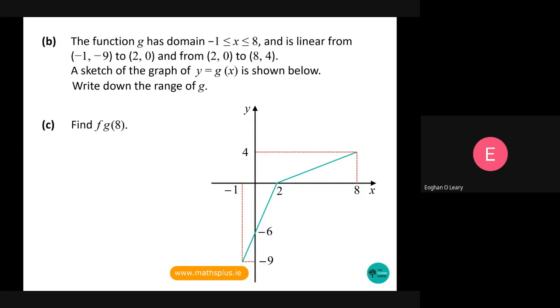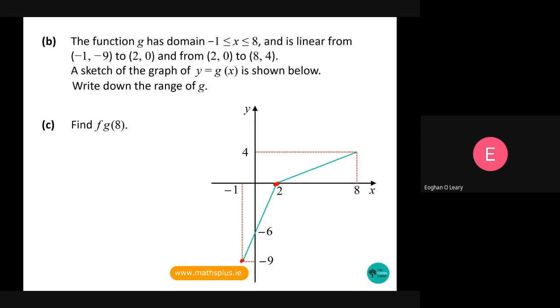It is linear from -1, -9 to 2, 0. You can see it's upward sloping from our first point down here, -1, -9, to 2, 0. And again it's upward sloping from 2, 0 to 8, 4, but at a different angle. A sketch of the graph y equals g of x is shown below.